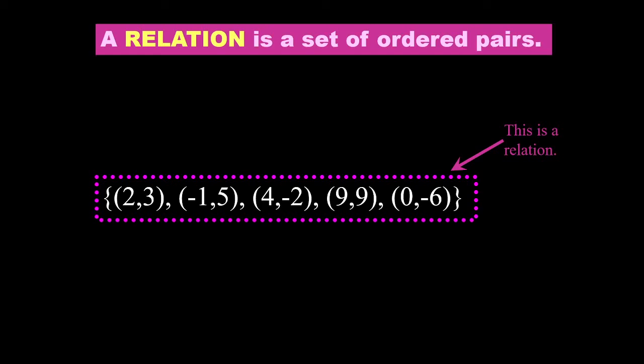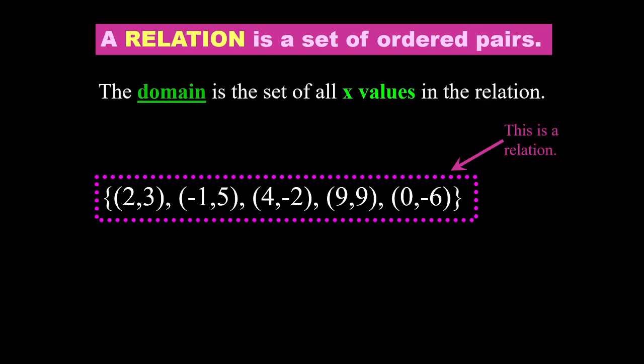Now, in a relation, there are parts. The domain is the set of all x values in the relation. So, in our example, what are the x values?